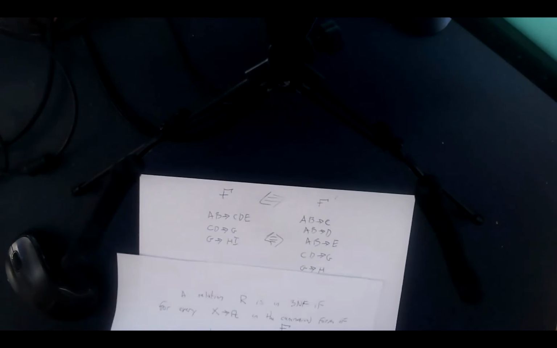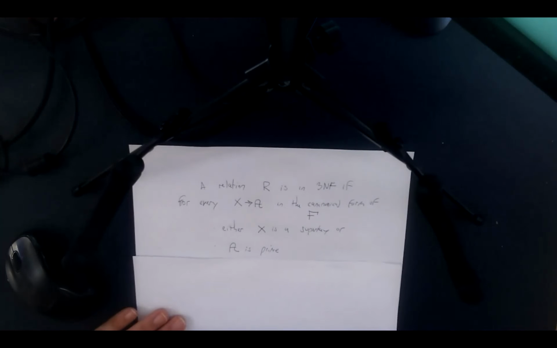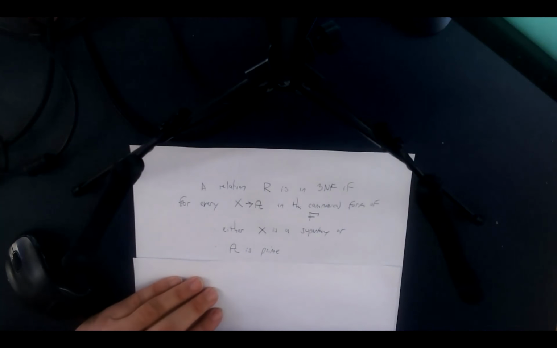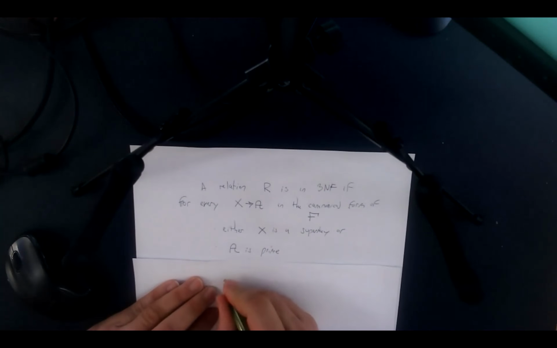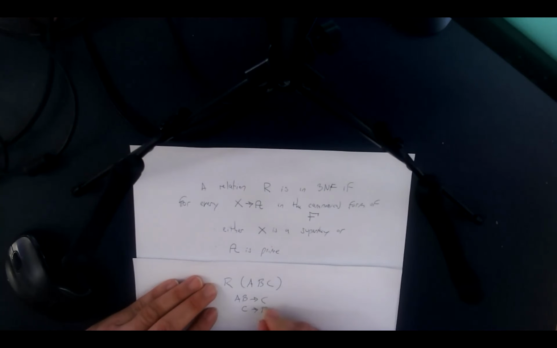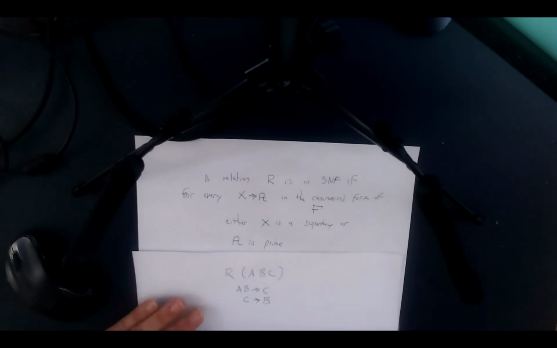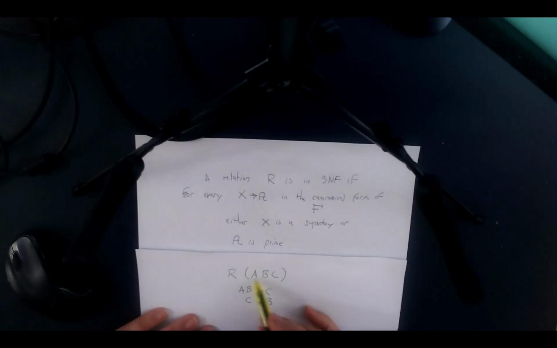All right, so based on that, when we look at this simplest possible example, we can show it's in 3NF. R(A, B, C), where we have A, B goes to C and C goes to B. Is this in canonical form?